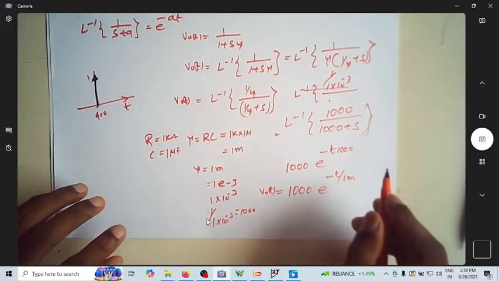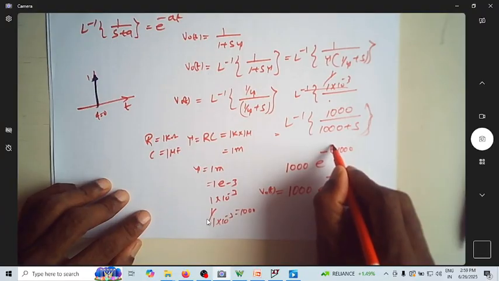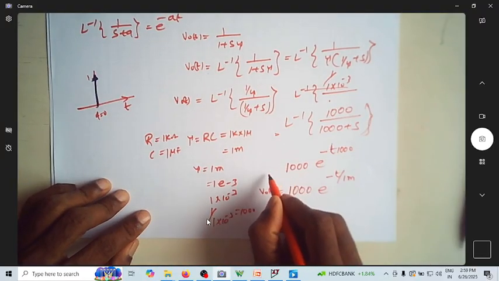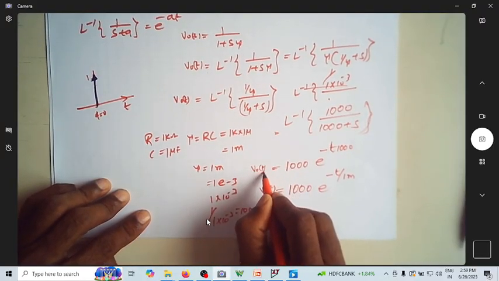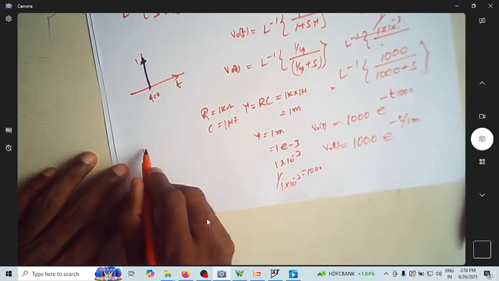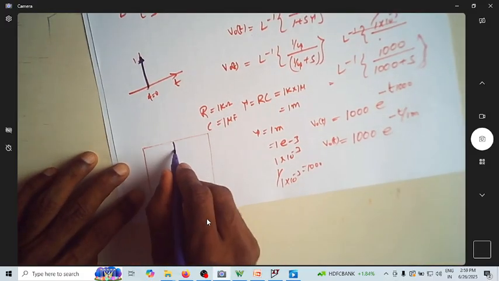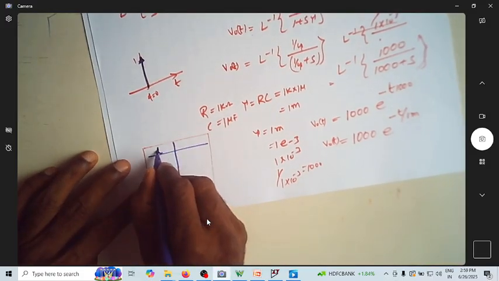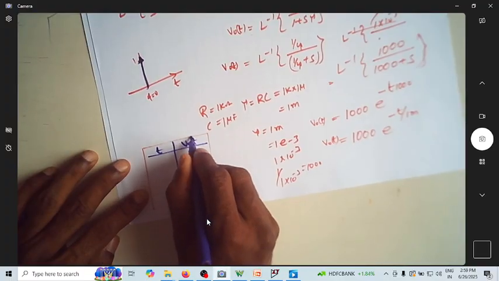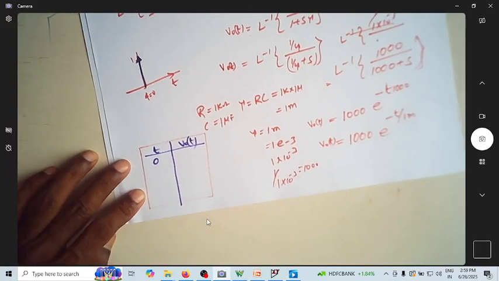Meaning I can find the output voltage at different times. Maybe you can write a table, and for different times I can find out what is V naught of t. Maybe you can start from 0.